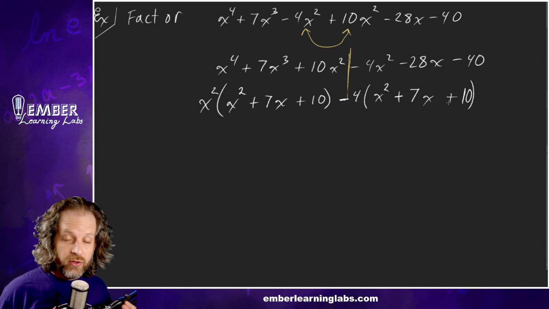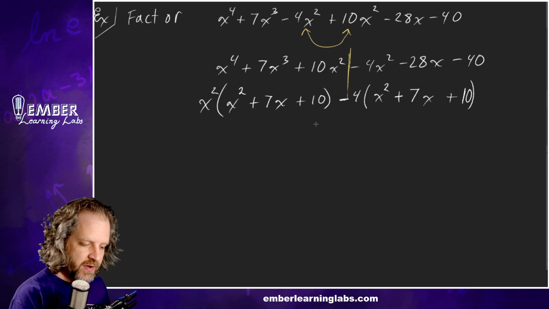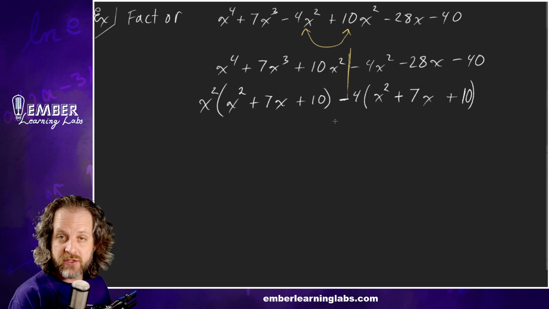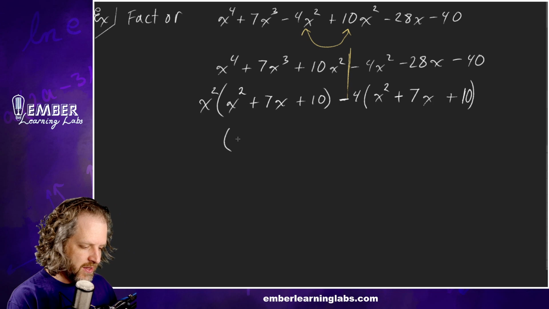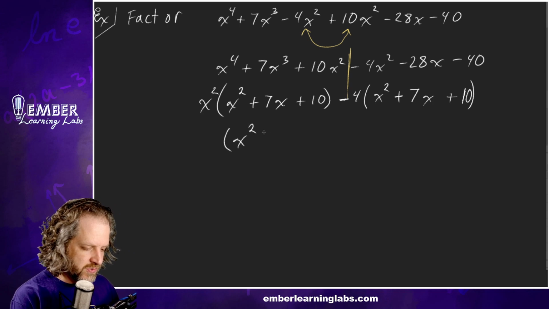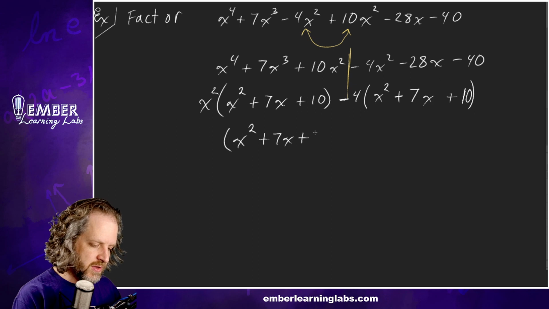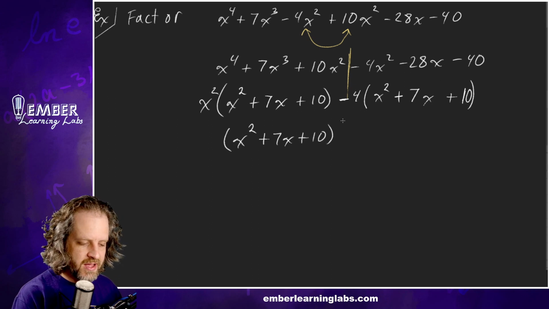We're doing it. So we've got a term over here and a term over here, and look, they match. So let's factor out an x squared plus 7x plus 10, and then write what's left.